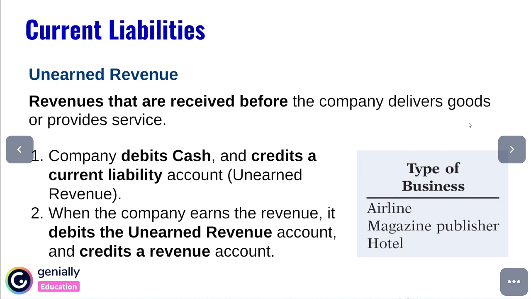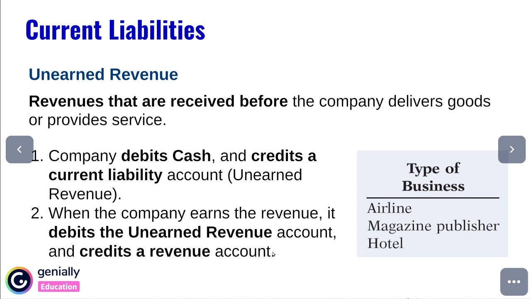When the company receives unearned revenue in cash, it debits cash, which increases the cash, and credits a current liability account called unearned revenue.